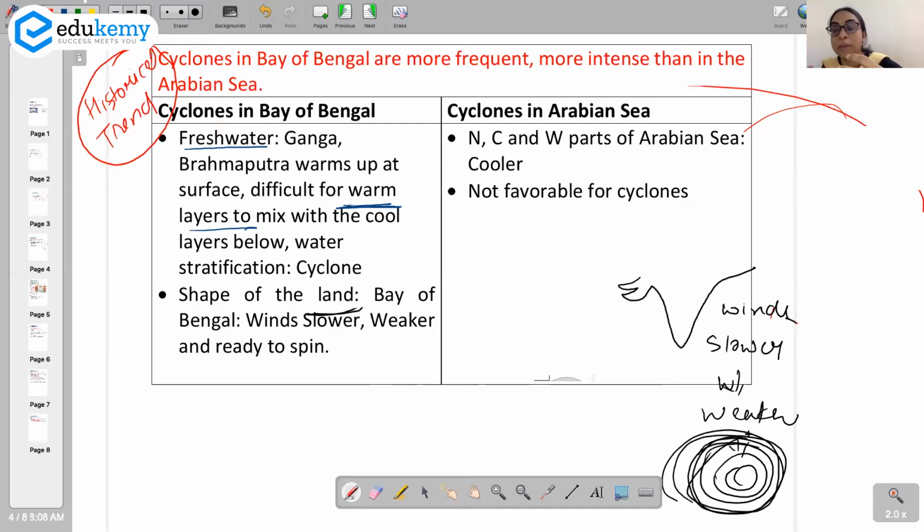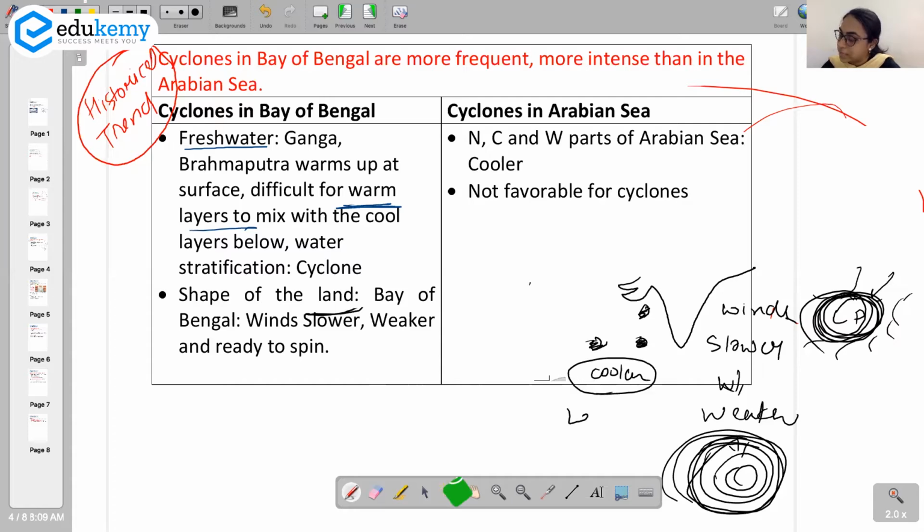Not many winds were converging at the low pressure. Initially there was a weak low pressure, wherein the winds, being slower and weaker, could converge across the low pressure and intensify it. As compared to that, in the Arabian Sea the northern, western, and central parts were cooler. So there were fewer cyclones here and more cyclones in the Bay of Bengal.